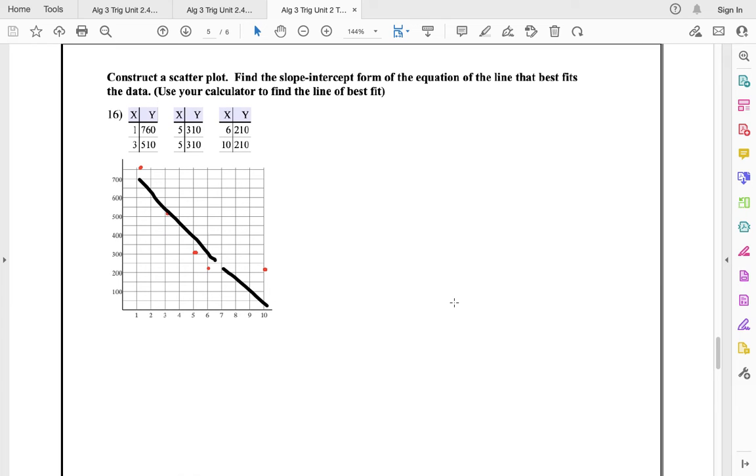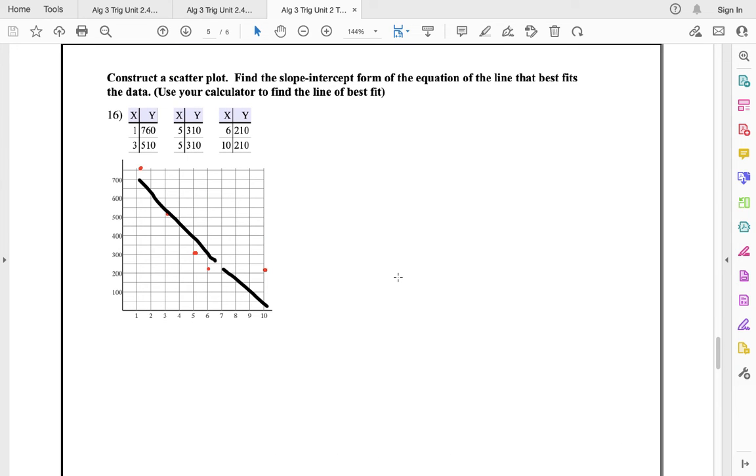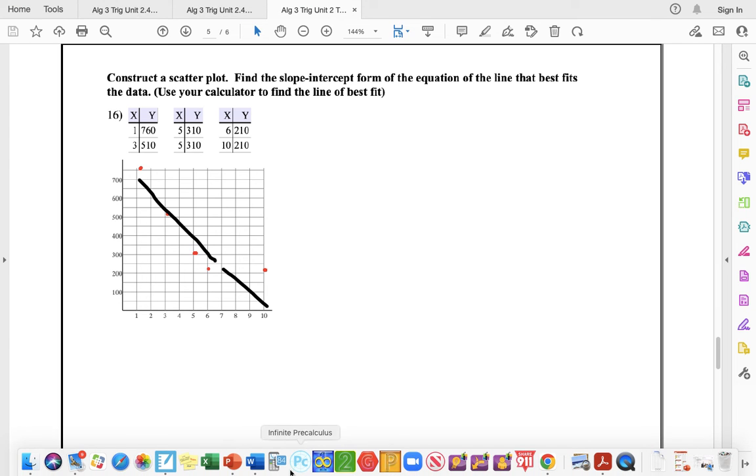All right, for number 16, we're going to punch this in our calculator. Oh, no. All right, let me grab my calculator to do this. Let me see if I could get it up here. Would have been better if I had planned that out a little bit better.